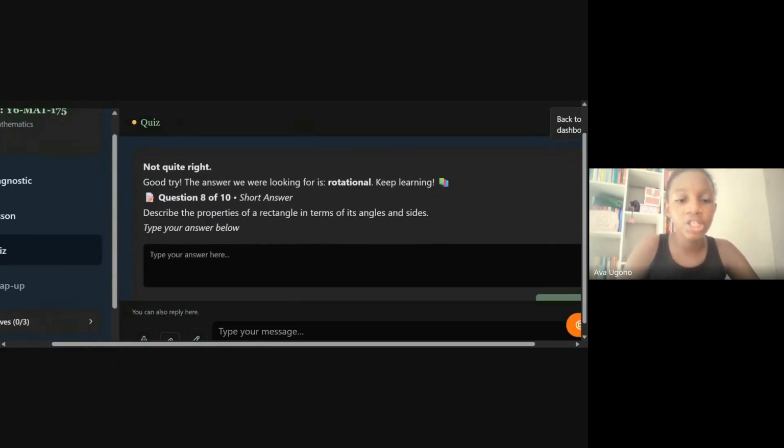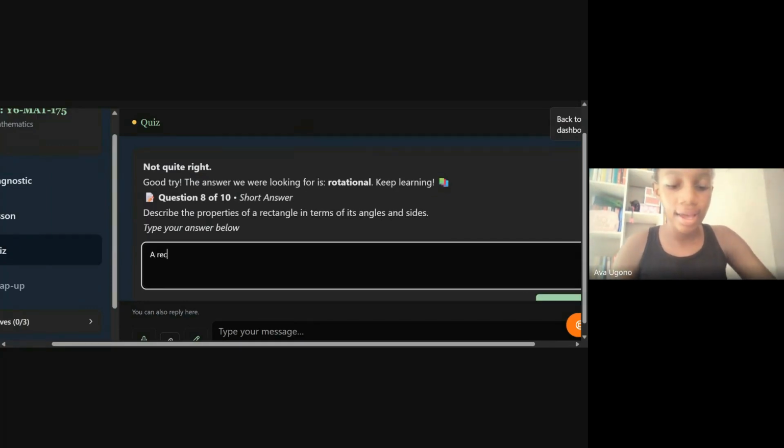Now, it says, describe the properties of a rectangle in terms of its angles and sides. So I'm going to write, a rectangle has 3 sides and 3 corners. 2 of the sides are parallel and all the angles sum up to 180 degrees.